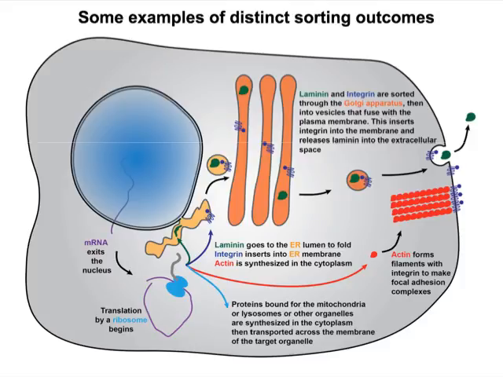So those are three very different fates for proteins, but all of them are coming from messenger RNAs over here that are being exported out of the nucleus into the cytoplasm where the proteins are being synthesized. So some sort of a sorting process has to go on so that each of those proteins can end up in the appropriate compartment.